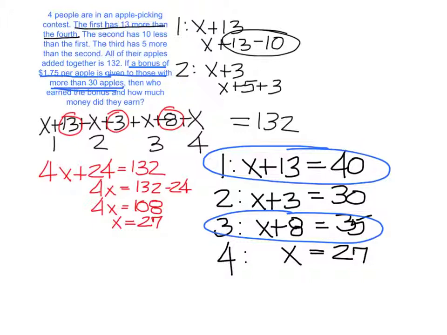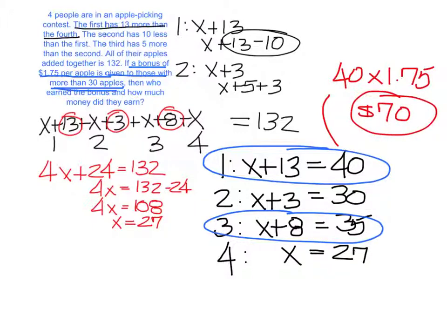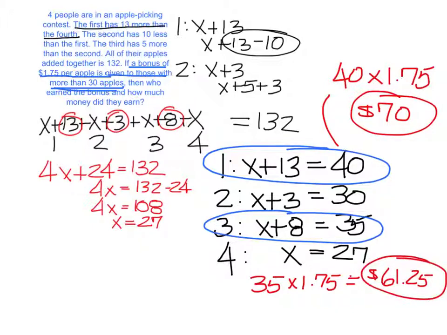What should I do next? Yeah, multiply 40 by 1.75. What is 40 times 1.75? $70 for person 1. And what is 35 times $1.75? $61.25 is right. And those are your two answers for the problem.